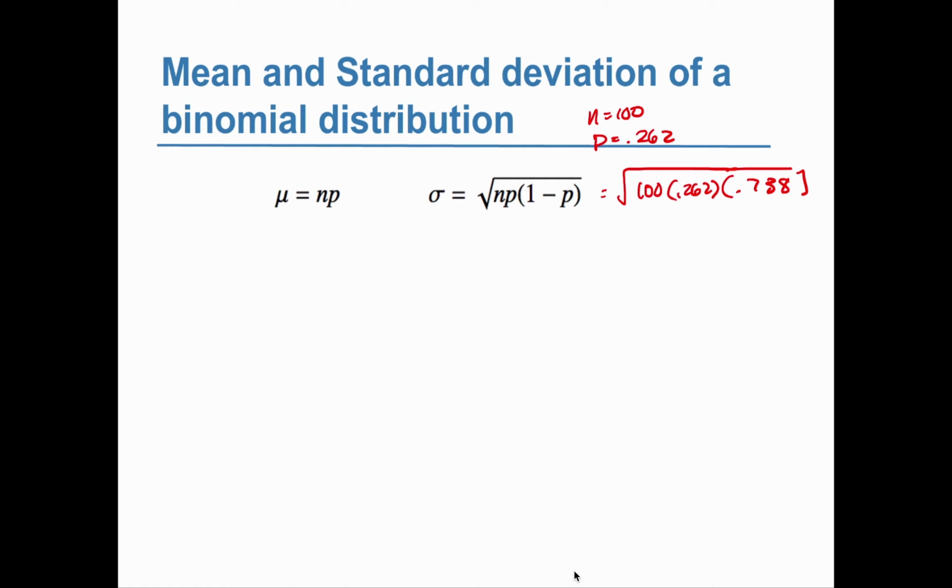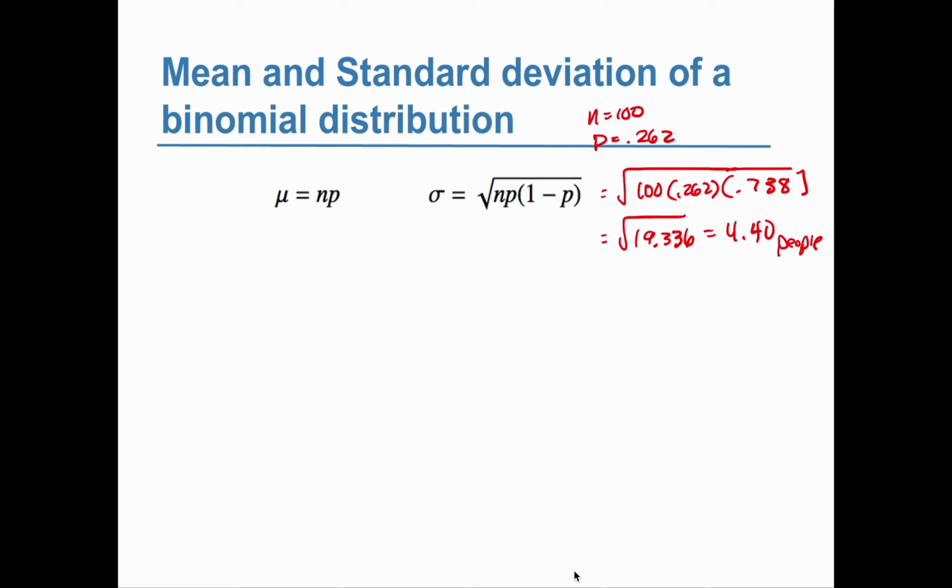And you put that into the calculator, and you get the square root of 19.336, which is 4.4 people.